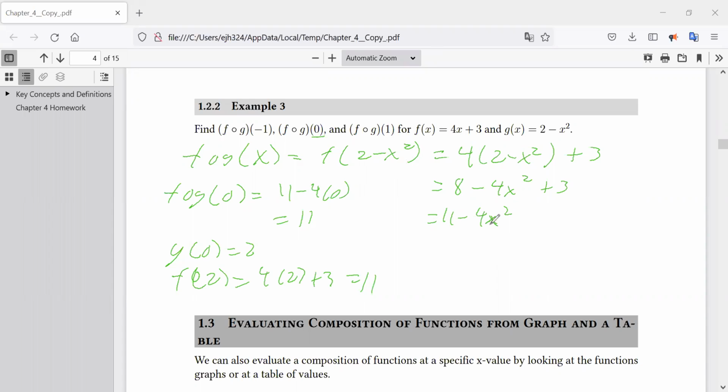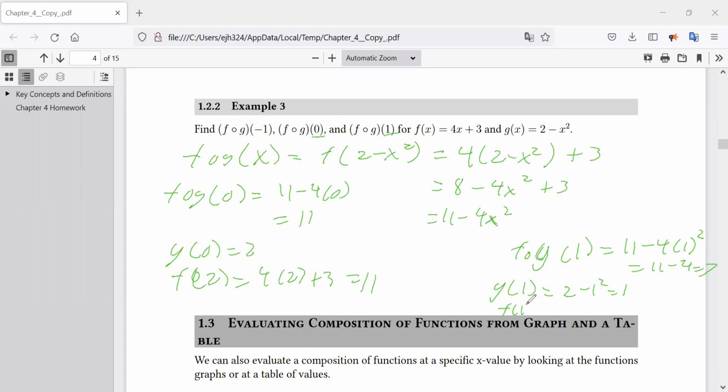And then I could also do, for 1, f of g of 1, that would be 11 minus 4 times 1 squared, which is equal to 11 minus 4, which is equal to 7. And that's also equal to, g of 1 is equal to 2 minus 1 squared, which is equal to 1.